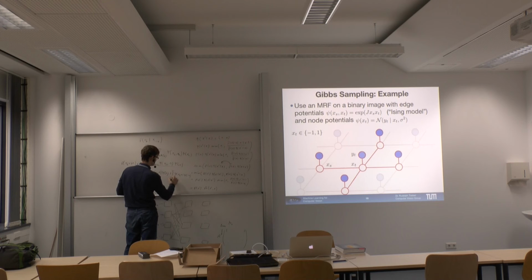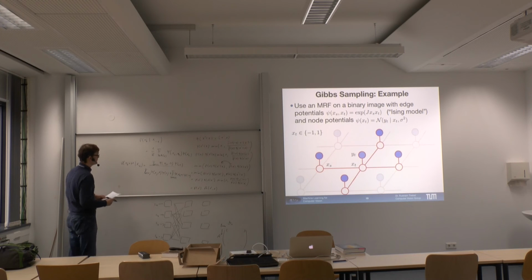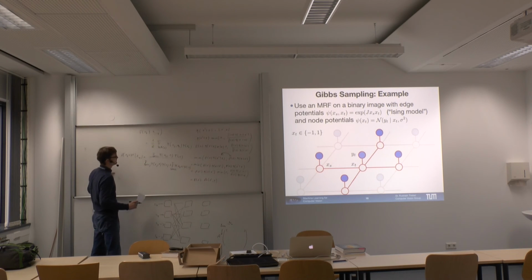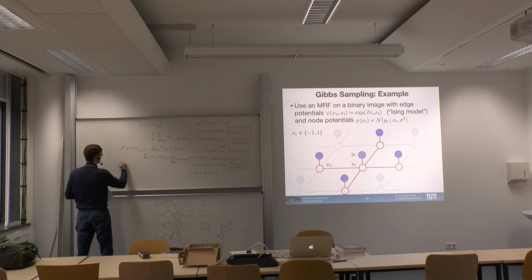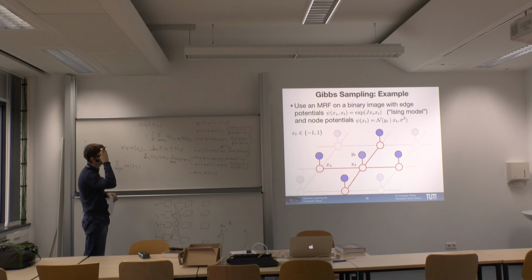And this is the sum over all neighbors of t, right? Now we can plug in our potential, the exponentials. Let's do this apart. We replace the product over all neighbors of t of exponential of j of xs and xt, where xt is now 1.